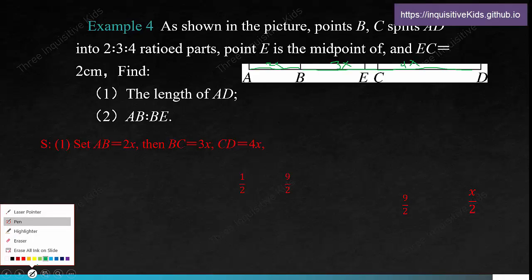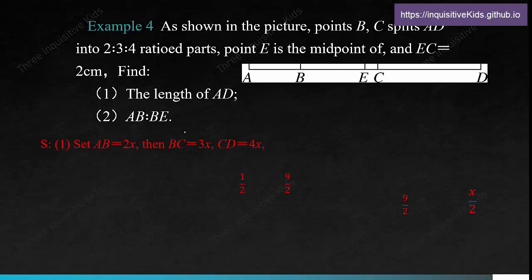Oh, actually, and also this is set the same way. So if you're confused on why we're doing this, it is just to solve the problem. And usually when you meet questions with ratios, it's usually just good to turn them into 2 times, 3 times the same something, and 4 times the same something. So BC over here is 3x and CD is 4x.